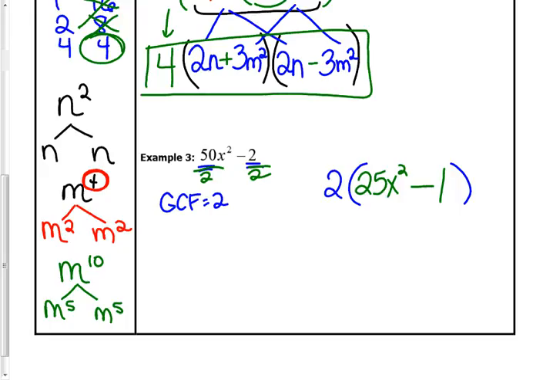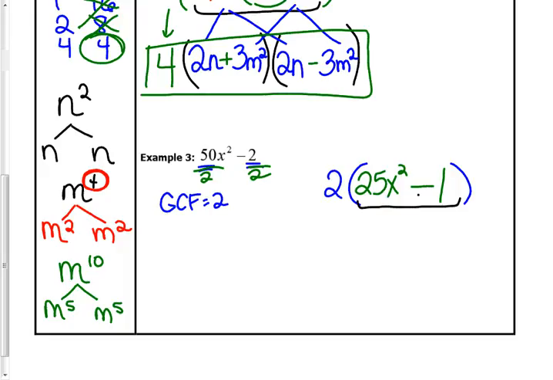So before I finalize my answer, I just want to make sure, can I do anything else inside of here? There's only two terms. I see the minus sign, so I want to check for a difference of squares. Are these two numbers, 25 and 1, both perfect squares? Well, 25 can be broken down, right? It is a perfect square, and it can be broken down into 5 and 5.